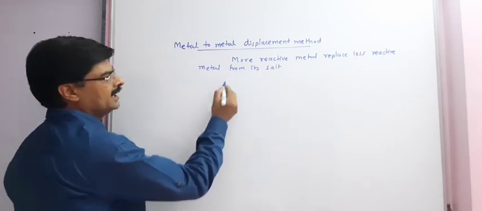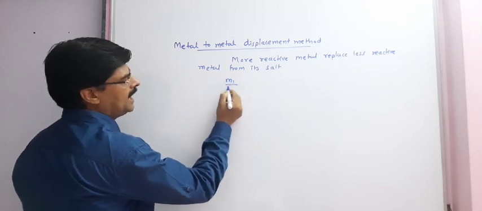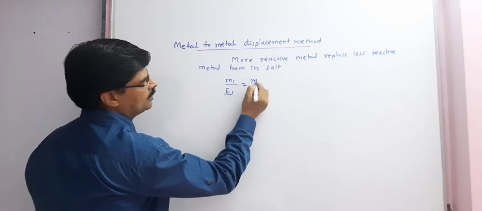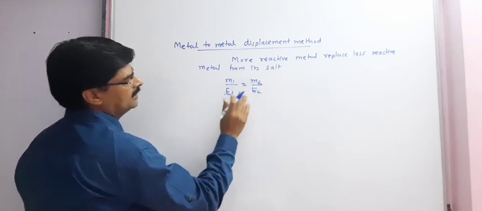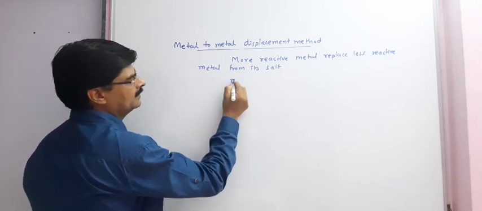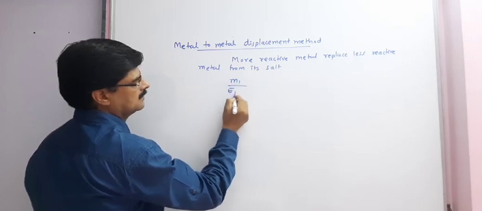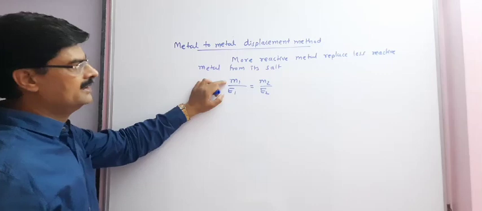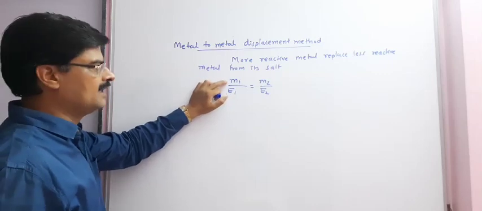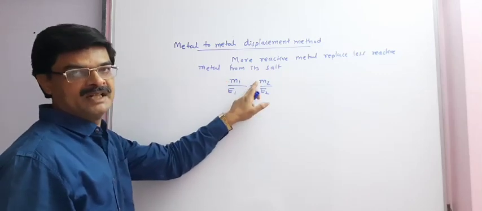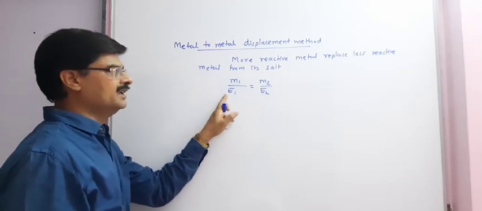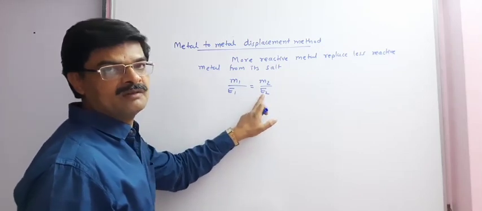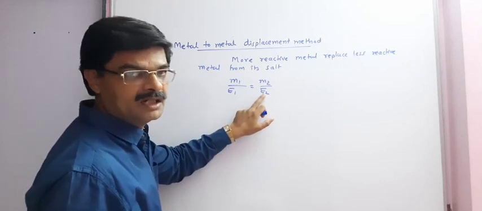Then we can apply M1 by E1 is equal to M2 by E2. Here M1 and M2 are the mass of metal 1 and the mass of metal 2. E1 is the equivalent weight of metal 1 and E2 is the equivalent weight of metal 2.